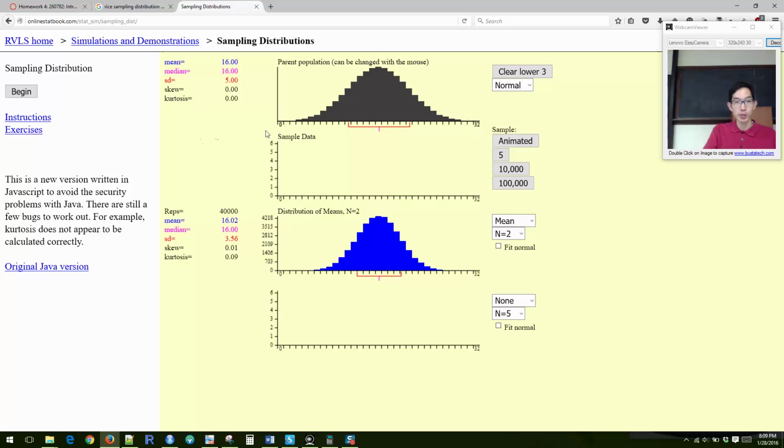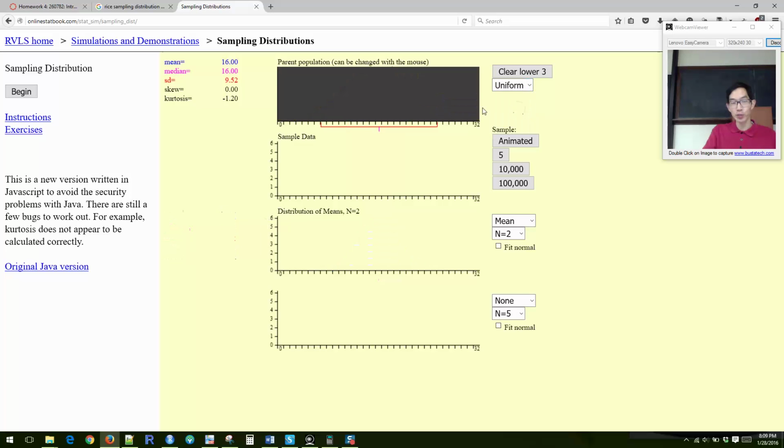So here I'm going to change this from normal to uniform, okay? What this means is that all numbers are equally likely; we're just drawing a sample, and the range of values goes from 0 to 32. And let's see what happens, okay?